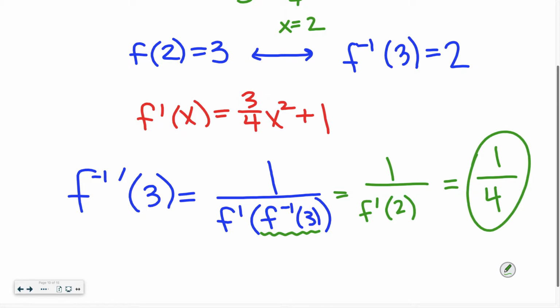The coordinate on f, we switch x and y for the coordinate on f inverse. We need to know that for this piece right here. As soon as we know that, then all we have to worry about is plugging that number into the derivative, which is why I asked you to find the derivative.